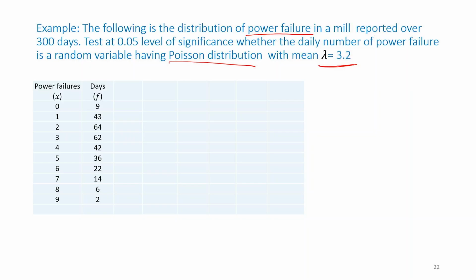So many times we need to check like this. We can also check whether something is following exponential distribution or not. Maybe we have some frequency data available with us, and we want to check whether the frequency distribution which exists with us follows exponential distribution or normal distribution or Poisson distribution or binomial distribution.